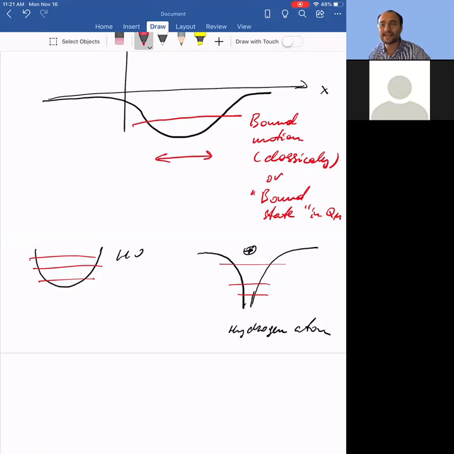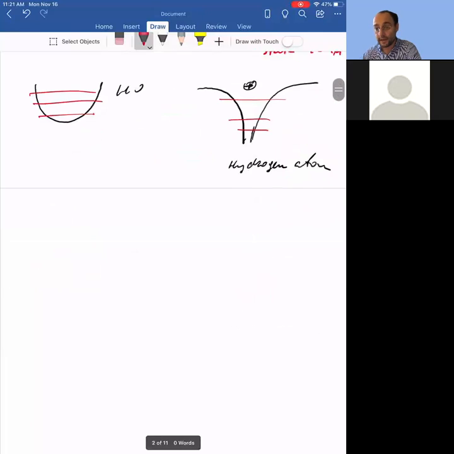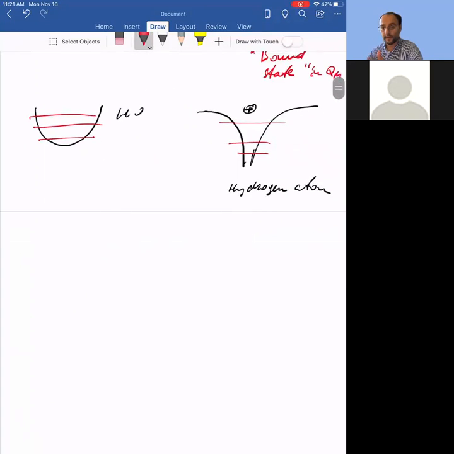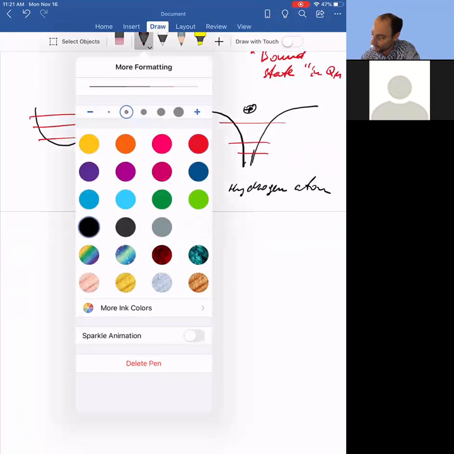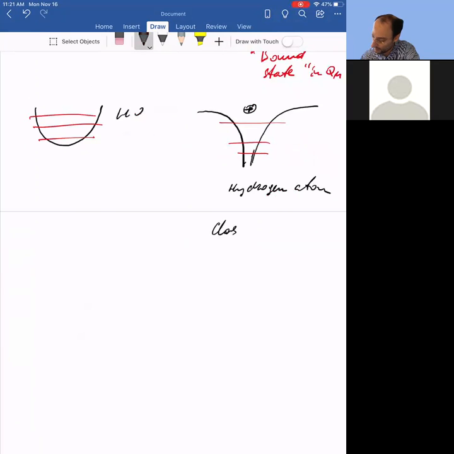That solution exists, but it's not commonly talked about. But in 3D, the picture on the right corresponds to a genuine atom. So classically, let me separate this.